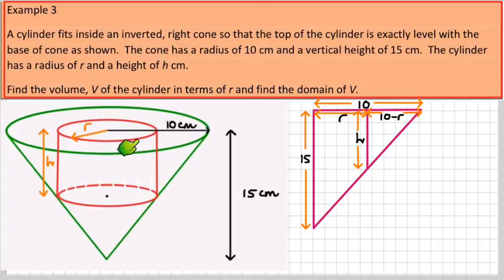Because if you start fiddling with this cylinder, bearing in mind that the top of the cylinder has to remain level with the base of the inverted cone, if you change the radius of the cylinder, if you change r, then h is going to have to change so that the shape inside the right cone is preserved and the top of the cylinder stays exactly level with the base of the cone.